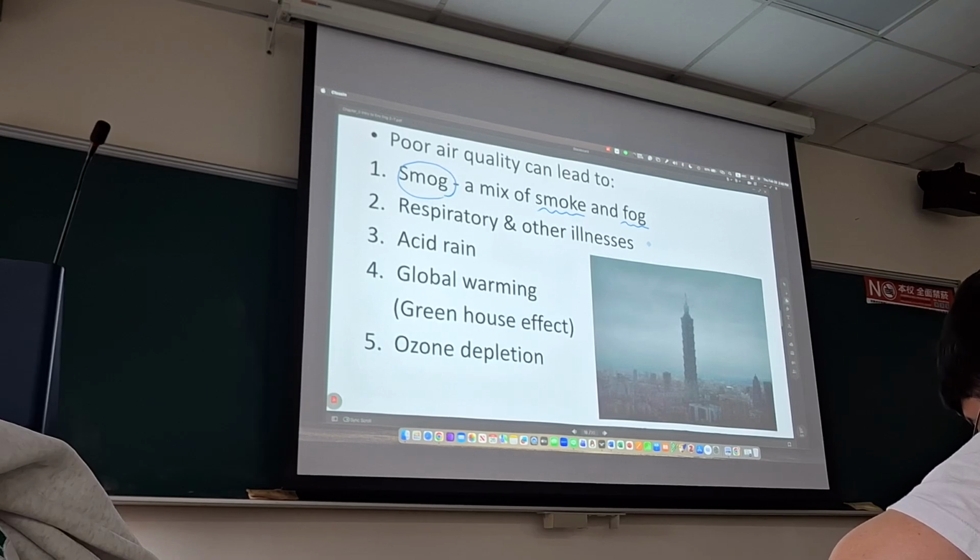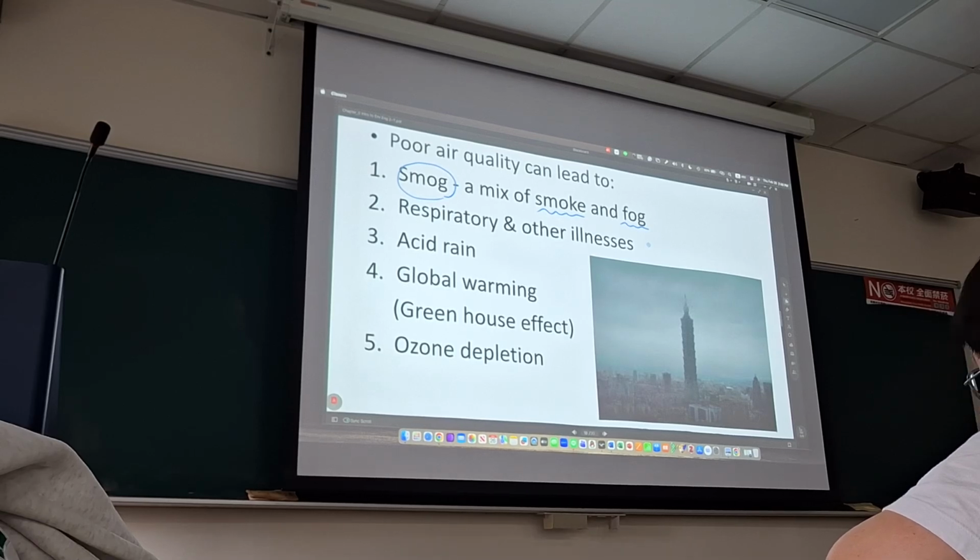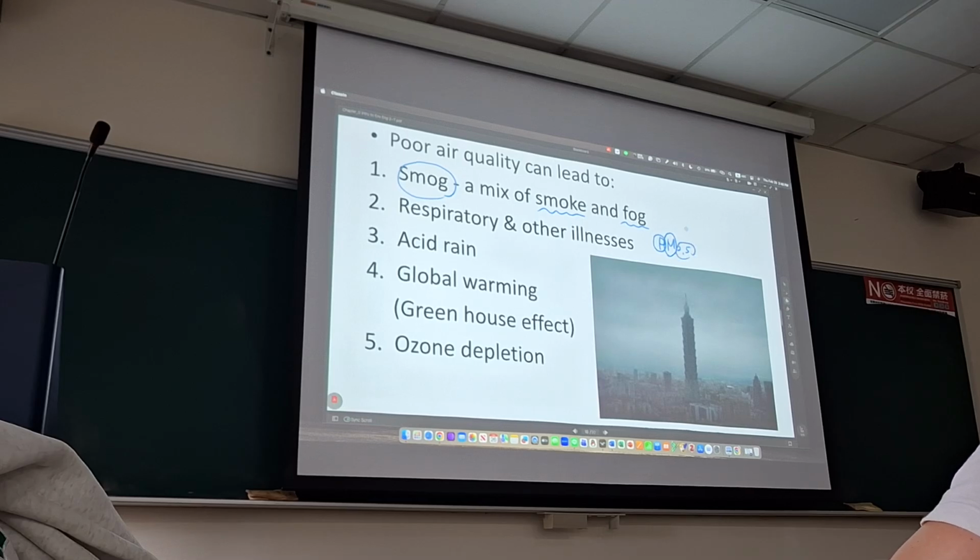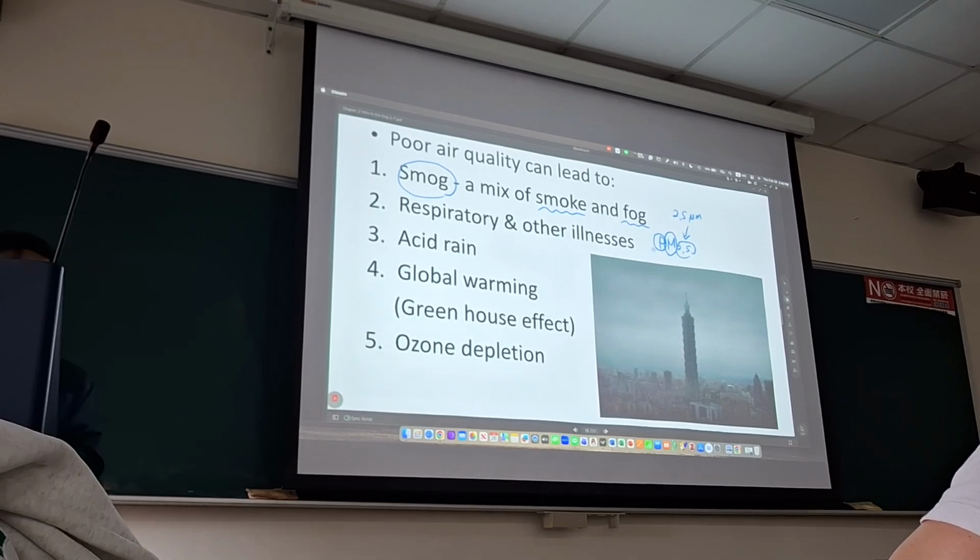And poor air quality will also cause respiratory and other diseases. For example, what we are going to learn later is PM 2.5. P stands for particulate, M stands for matter, so it's particulate matter. 2.5 is the size, 2.5 micrometers.